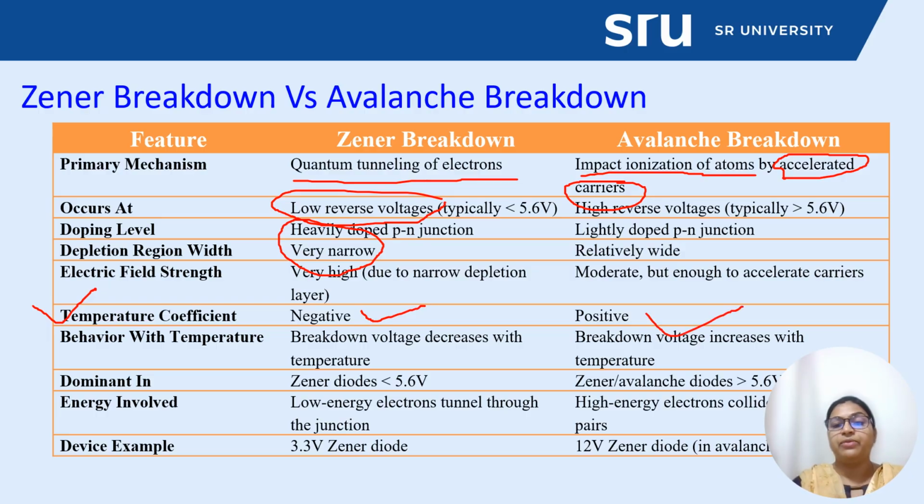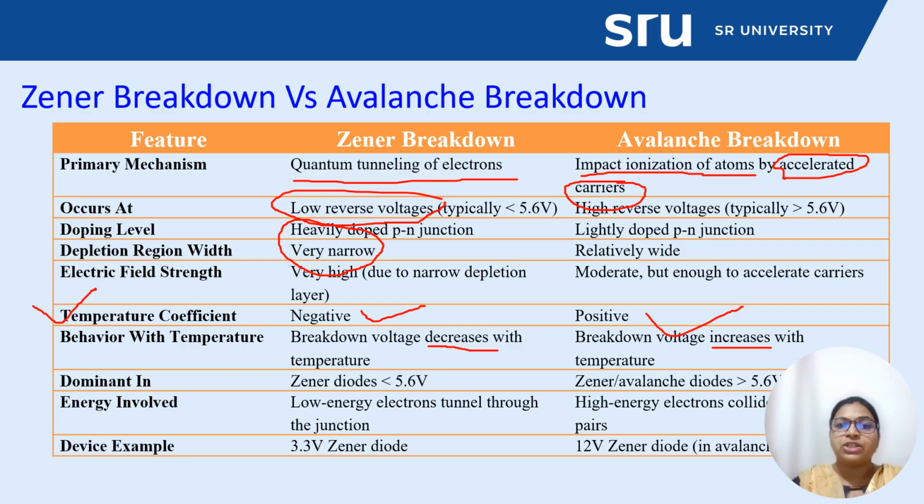How does it behave with temperature? For Zener breakdown, the breakdown voltage decreases with temperature, and for avalanche it increases with temperature.